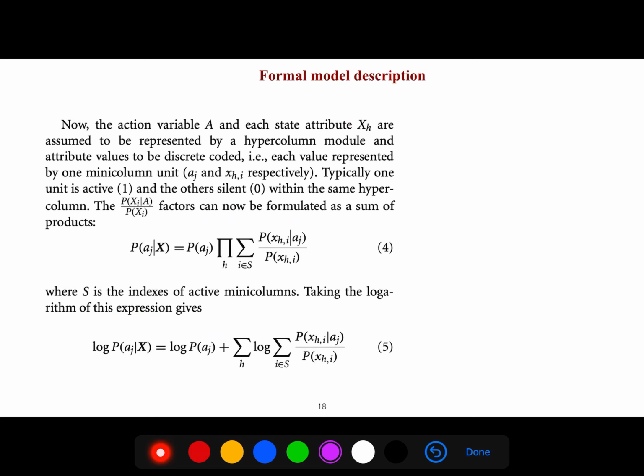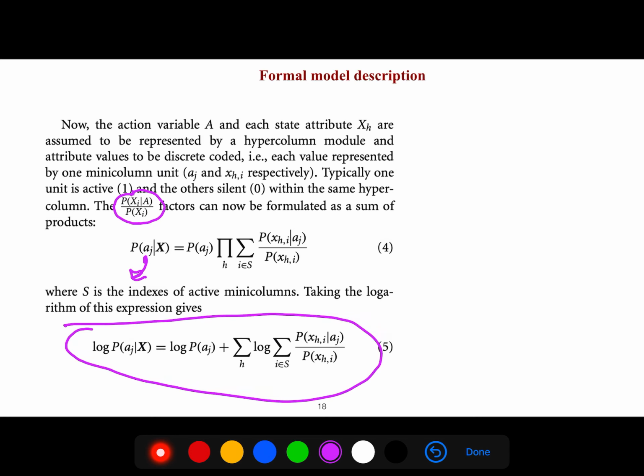And here now you have the probability of each of the actions. For example, your minicolumn unit A_j. This is your minicolumn A_j. For example, a unit is active when it is 1 and silent when it is 0, within the same hypercolumn. And so P of X sub i, this factor can now be formulated like this. And just take the logarithm and it becomes this.